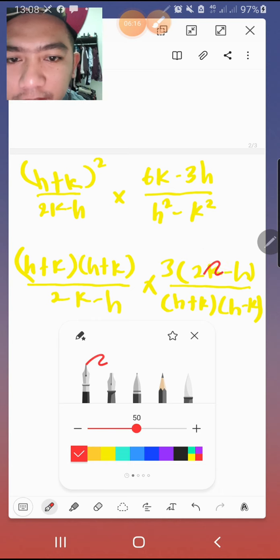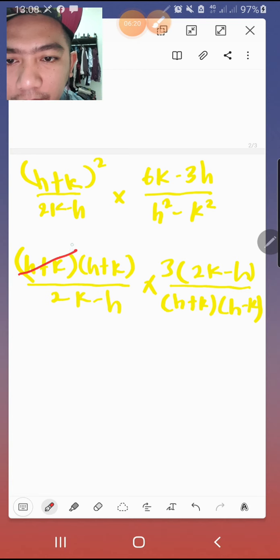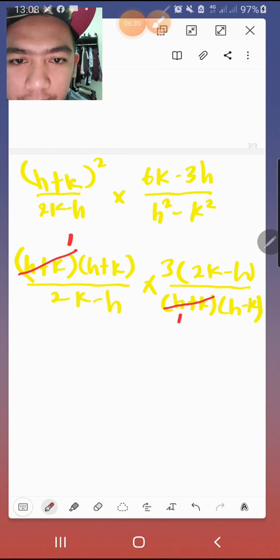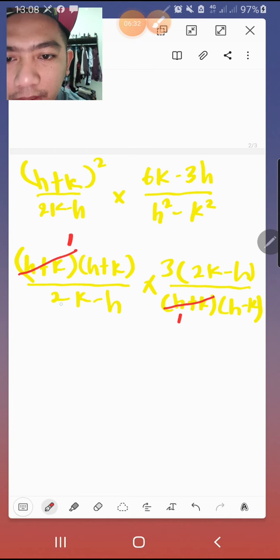Now find the similar algebraic expressions or similar terms. Here h plus k, and here also h plus k, so you can eliminate. It becomes 1, also here 1. Any other terms? Yes, here 2k minus h, so you can eliminate, it becomes 1. Here also 1.